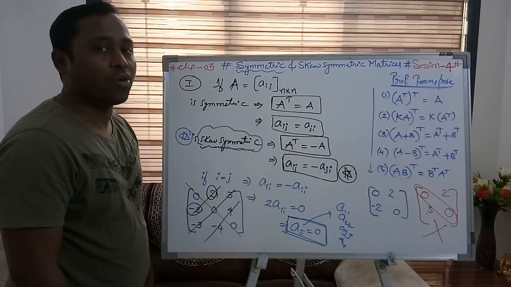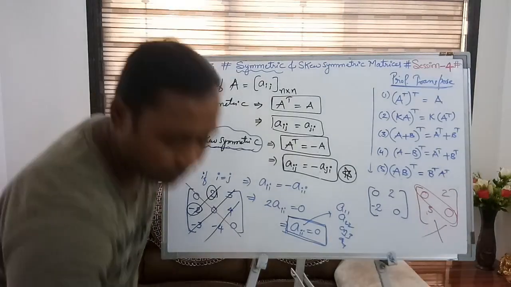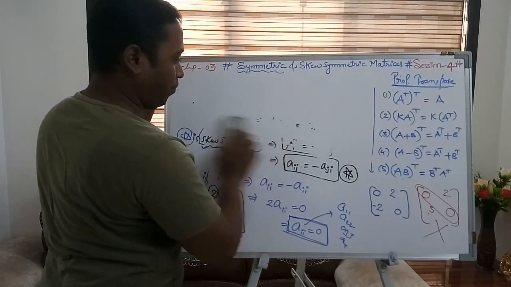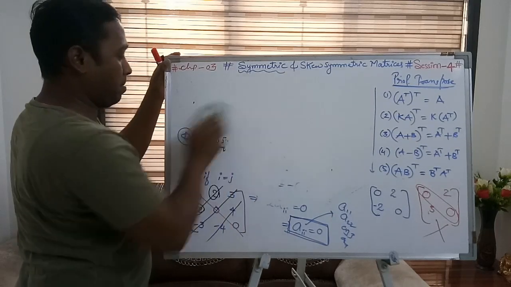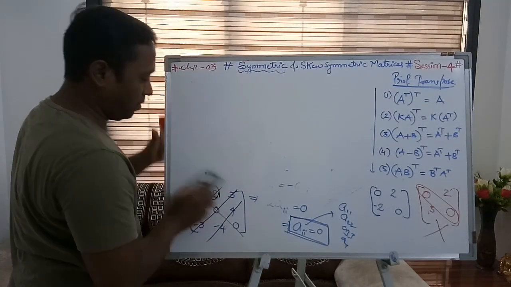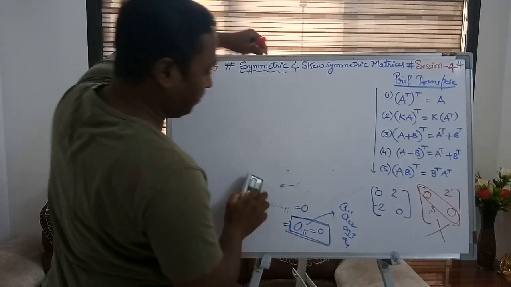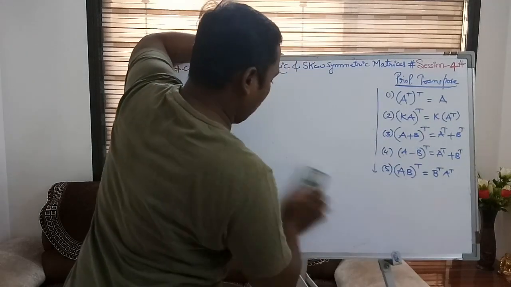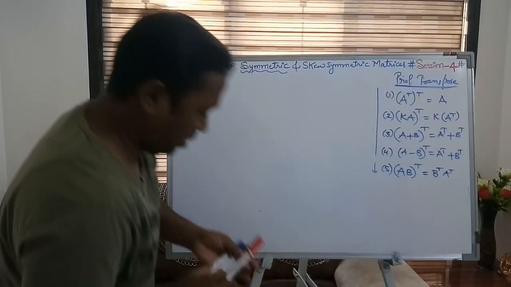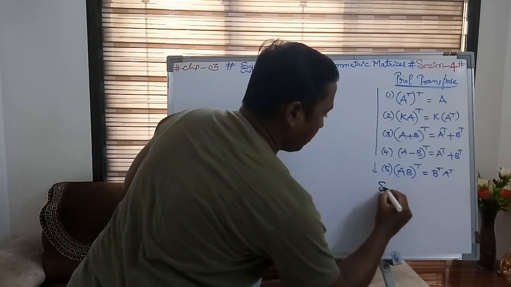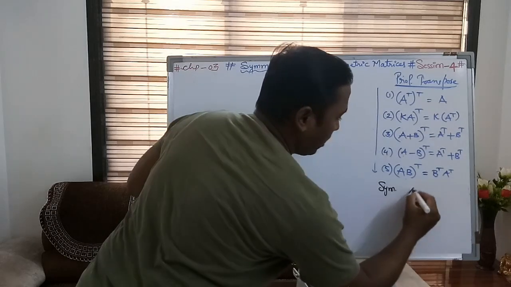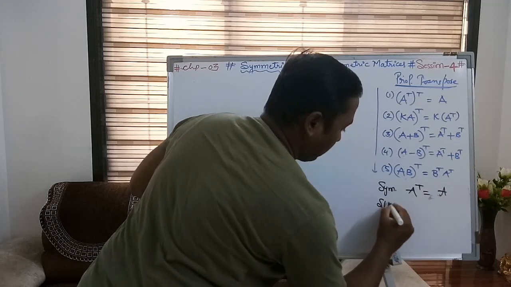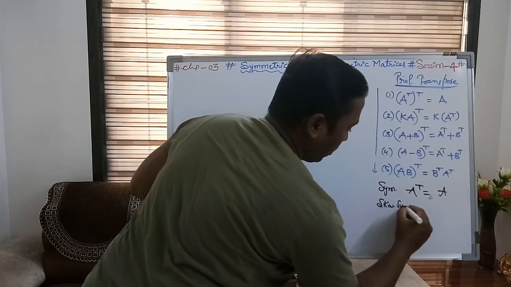Now let's have a discussion on the important results. What are the important results we have? So here I am writing first, symmetric. The definition of symmetric is A transpose is equal to A. And second one we discussed, skew symmetric.